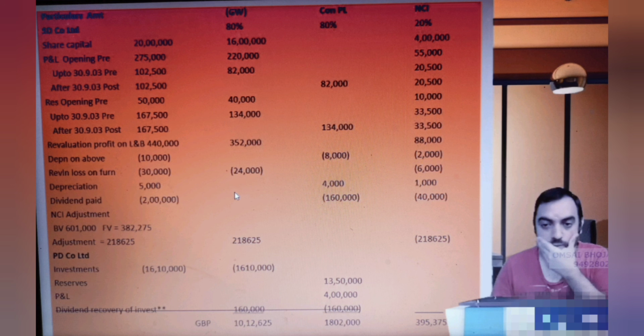So you get other equity 18 lakh 2,000, NCI 3 lakh 95,375, goodwill 10 lakh 12,625. Because you're getting a positive number, it's not goodwill, it is capital reserve, gain on bargain purchase. When you show it in the balance sheet, you will show 18 lakh 2,000 plus 10 lakh 12,625. The total amount we will reflect in the balance sheet, the sum of these two numbers.